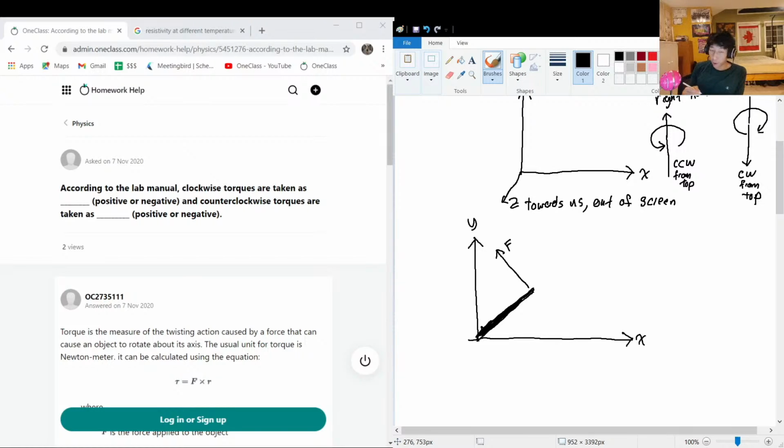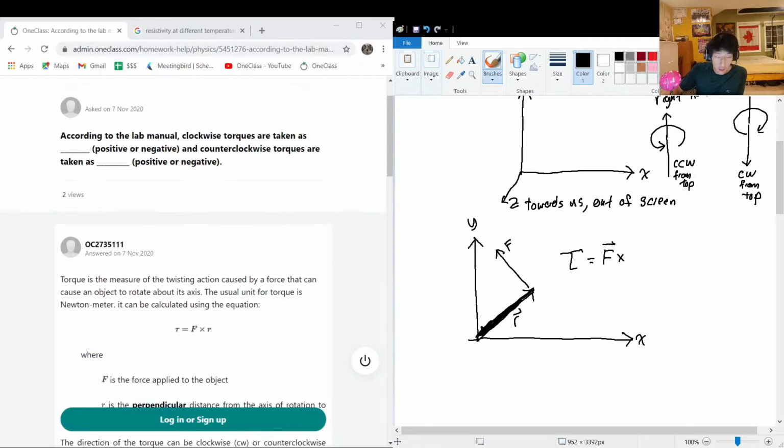Let's say that this is R. We know that the torque, tau, is going to be R cross product with F. Some people may put it the other way around, but this is the way that I learned when I was in school.